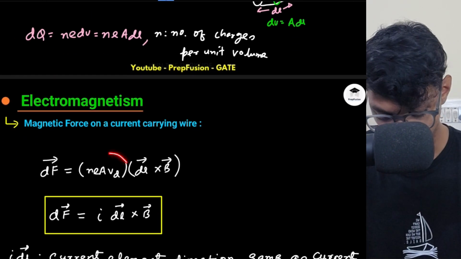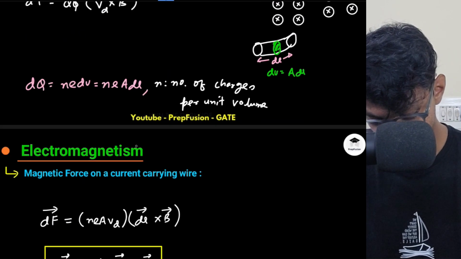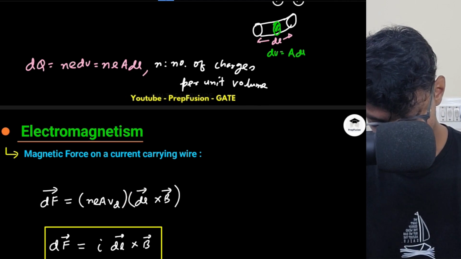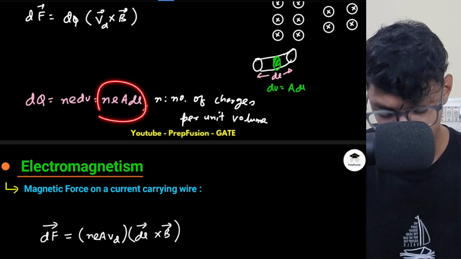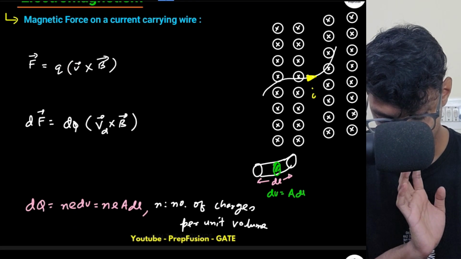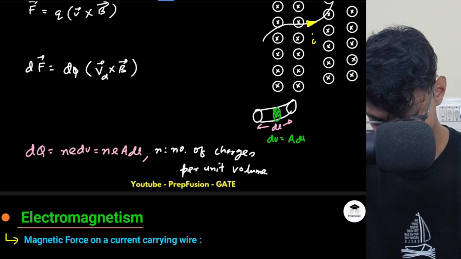So I'll just replace dq with n e A Vd dl. Now dl is in the same direction as the drift velocity, so I replace V with dl.